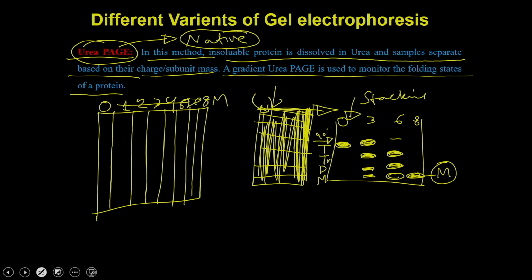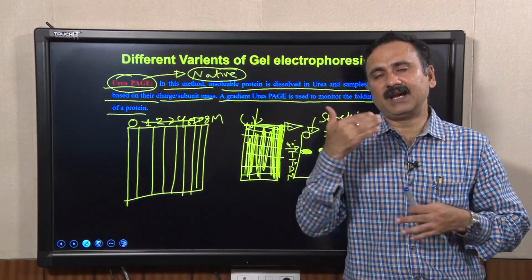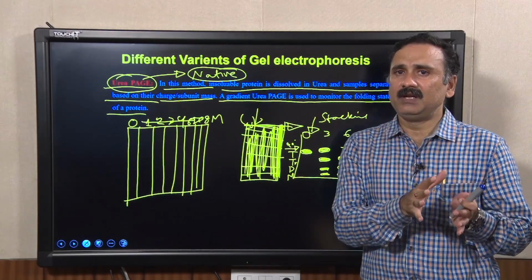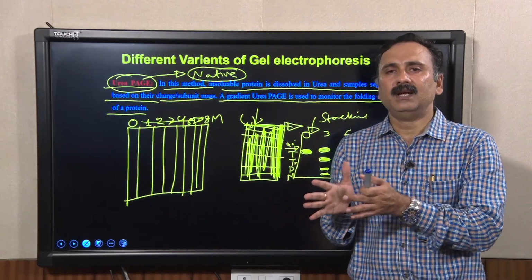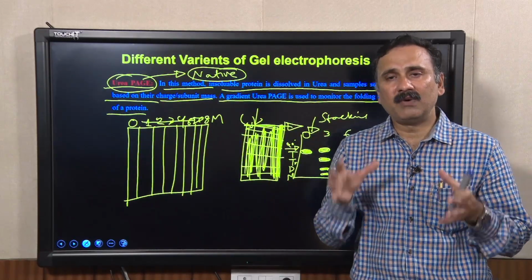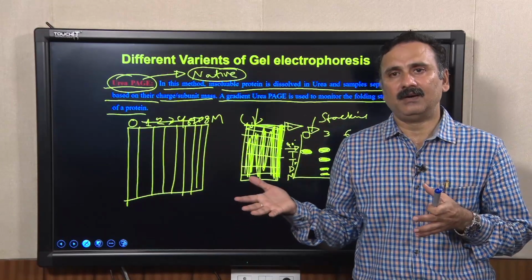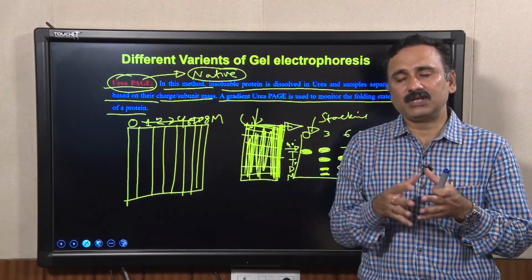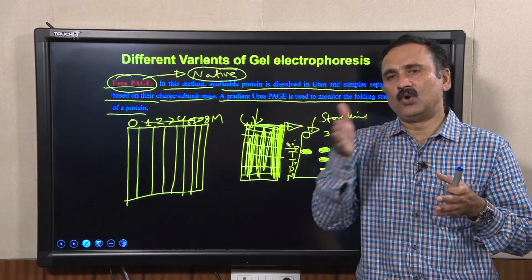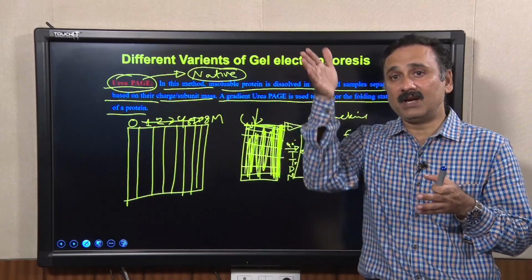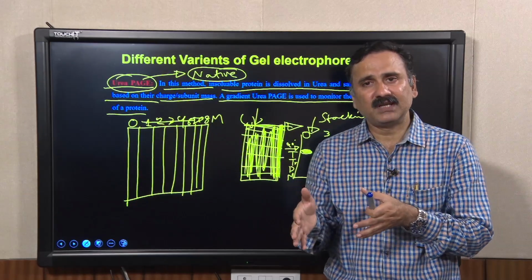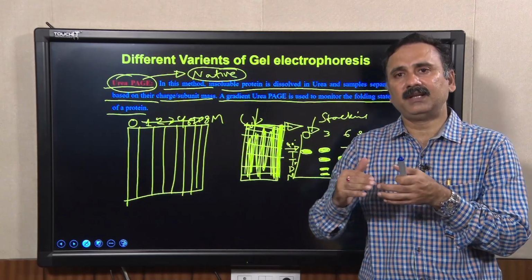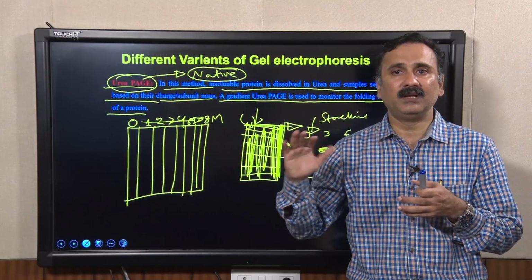So, if you follow this kind of study, and if you do this kind of experiment, that is going to tell you the stability of these individual oligomers towards the urea. It will tell you which oligomer is going to be broken down, at what step the protein is losing its 3-dimensional structure, and at what step it is losing its interaction with the neighbors.